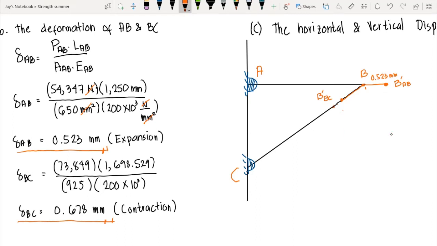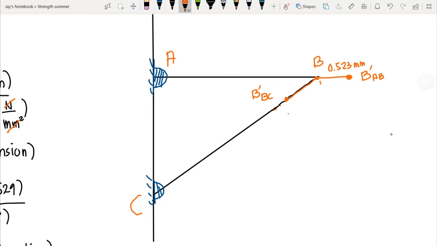So in order to determine the location of our joint B, we need to create a perpendicular projection of the axis AB and BC. So in this case, we can create a perpendicular to this axis, okay? So this is perpendicular. Please take note that I draw it in an exaggerated manner so that we could internalize or understand the whole deformation diagram.